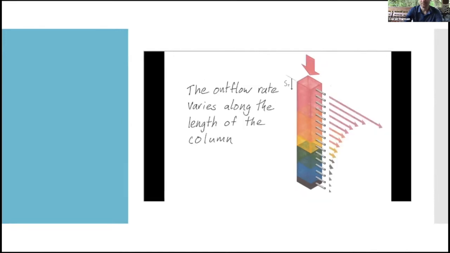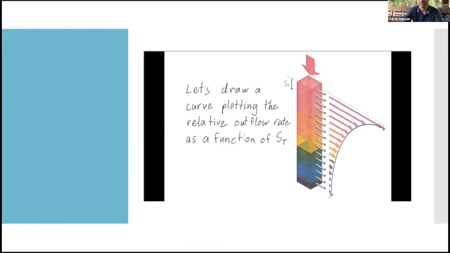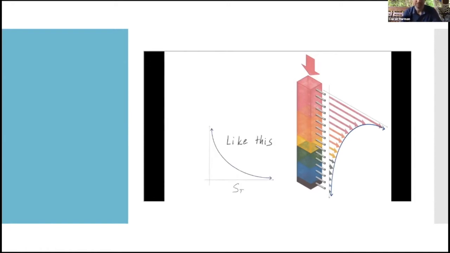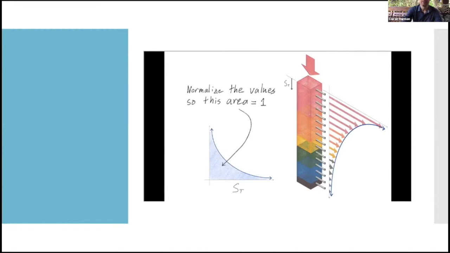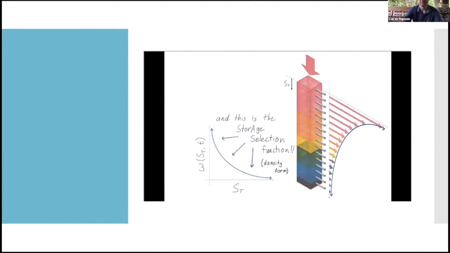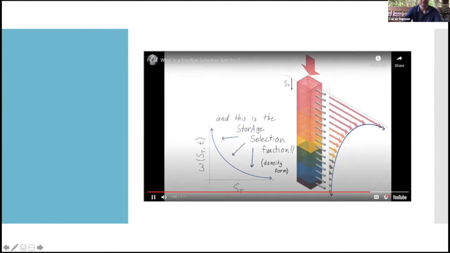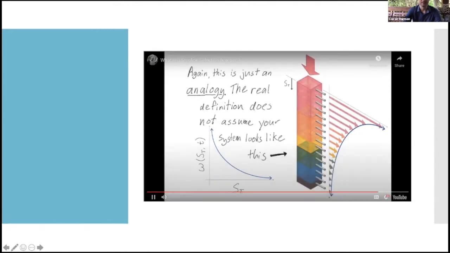The outflow rate might vary along the length of the column. So for example, you might have lots of young water coming out the top and not much old water coming out the bottom. Let's draw a curve plotting the relative outflow rate as a function of age-ranked storage, like this. Now, normalize the values so this area is equal to 1, and this is the storage selection function, at least the density form. Again, this is just an analogy.